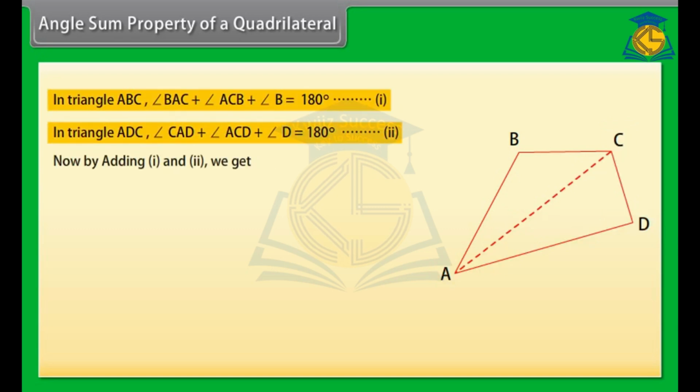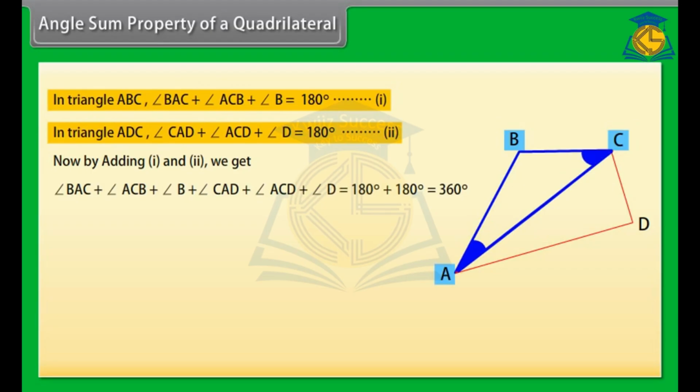Now by adding 1 and 2 we get angle BAC plus angle ACB plus angle B plus angle CAD plus angle ACD plus angle D is equal to 180 degrees plus 180 degrees, which is equal to 360 degrees.